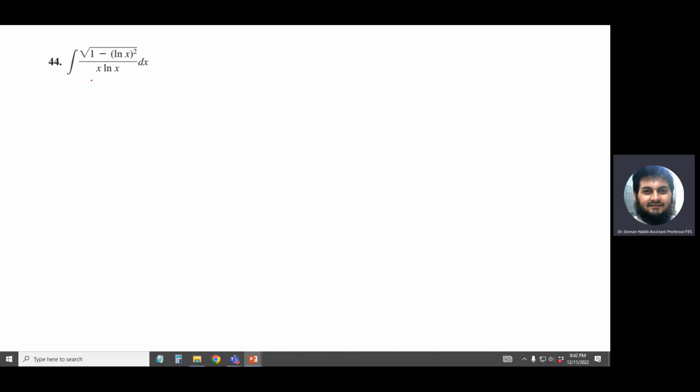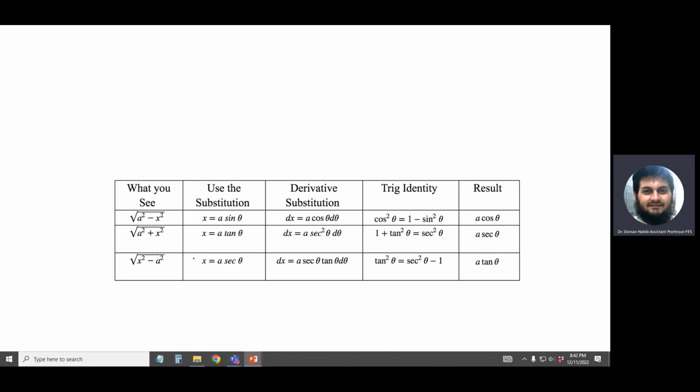In this particular example, if you look at the denominator, we can clearly see that we don't have something like a square minus just simple x square, but we have a constant minus a function of x, and that's squared. So this is similar to the first case. Don't get scared by the natural log of x.